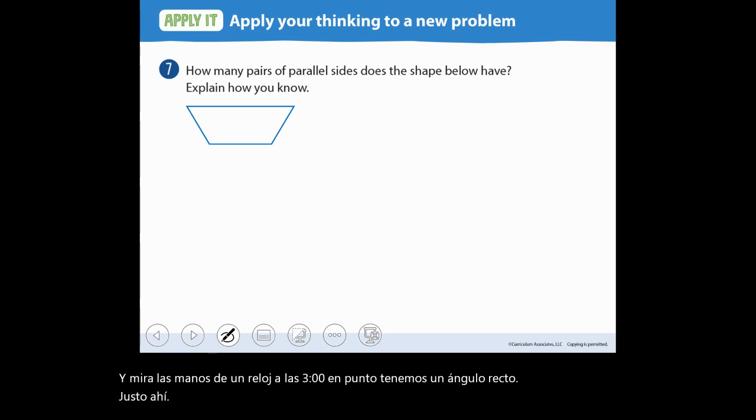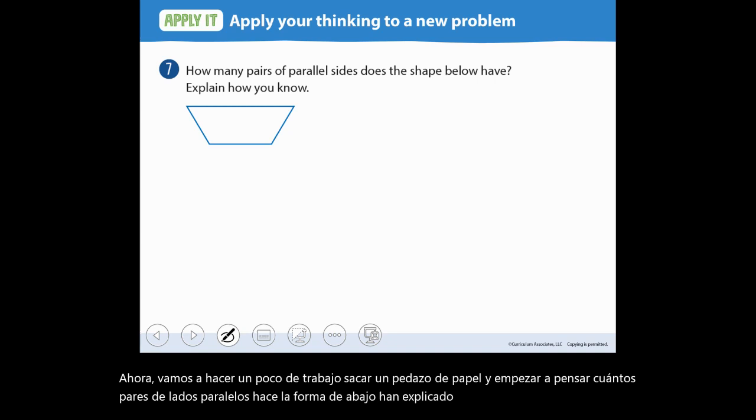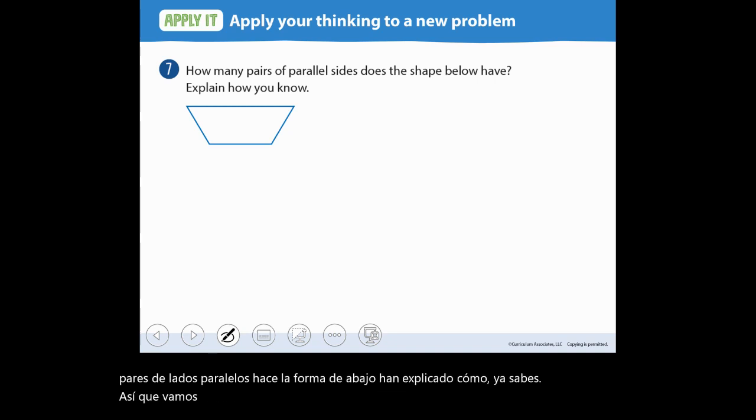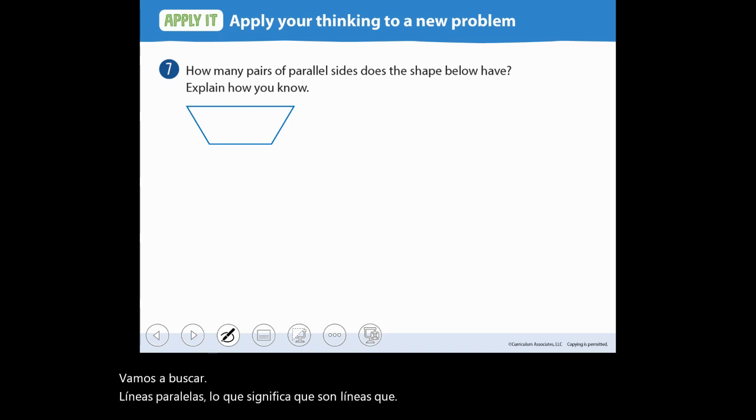Now, let's do some work. Take out a piece of paper and start thinking, how many pairs of parallel sides does the shape below have? Explain how you know. So let's look, and we're going to look for parallel lines, which means they are lines that do not cross. So I'm going to try this one and this one.